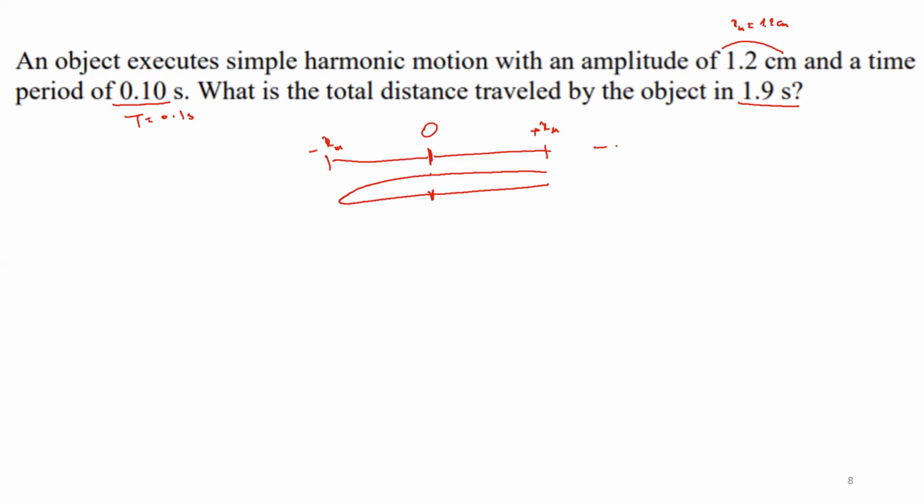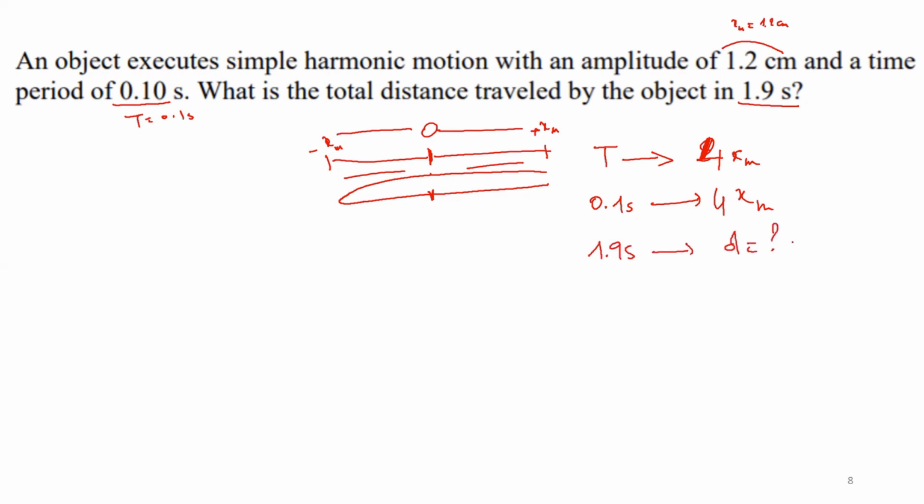So in a period T, I'm covering a distance of 4 times x max, because I'm going x max, x max, x max, x max. In a period T, basically in 0.1 seconds, I'm covering a distance of 4 times x max. The question is, in a time of 1.9 seconds, how much distance am I covering? Of course, it will be equal to what?